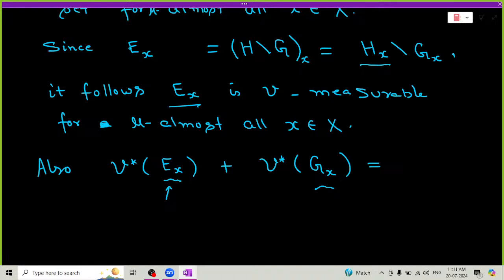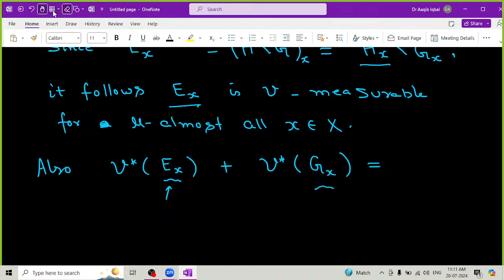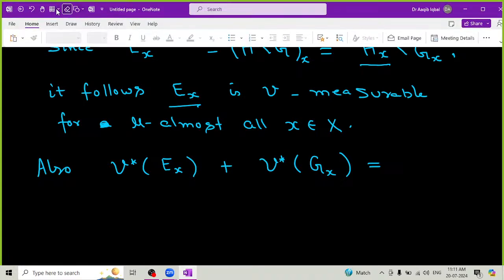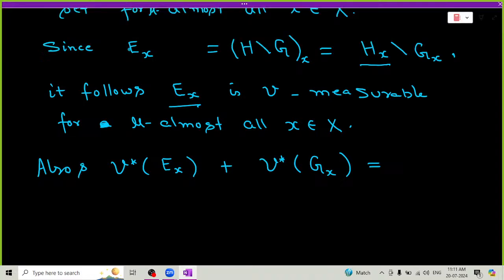So they are measurable, so I can use additivity of nu star. Therefore, this plus this can be written as nu star of x section E union x section G. Now this is a union of x sections, and it is the same as the x section of the union. What is E union G? That's H. So this is the same as nu star of x section of H.